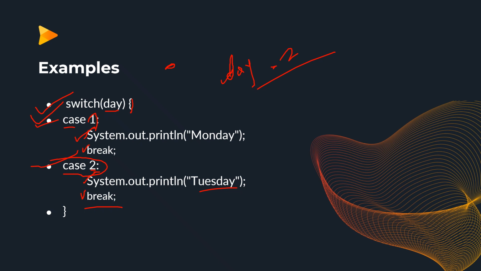Default is optional, we can use it, otherwise we can omit it. So this is a block of code, and this is the switch statement we have used for checking the condition and making decisions in Java. We have used if else and also the switch statement in our decision making program.